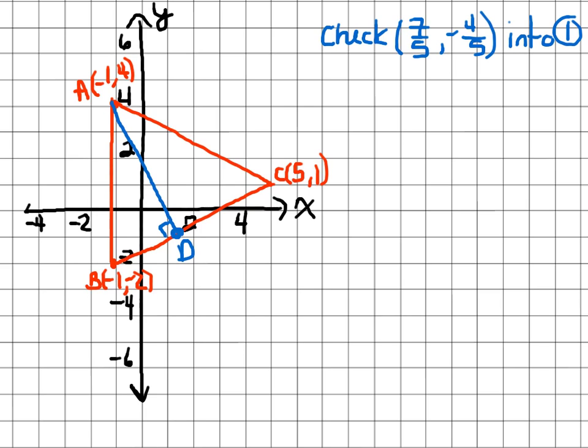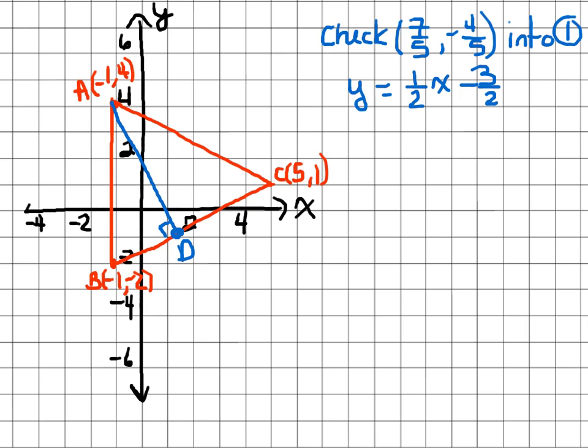So now we're going to check to see if the point 7/5, -4/5 satisfies equation number 1, which is BC. So we have y equals 1/2 x minus 3 over 2.